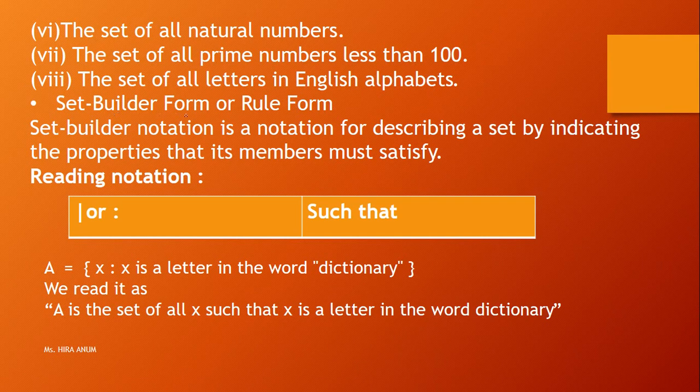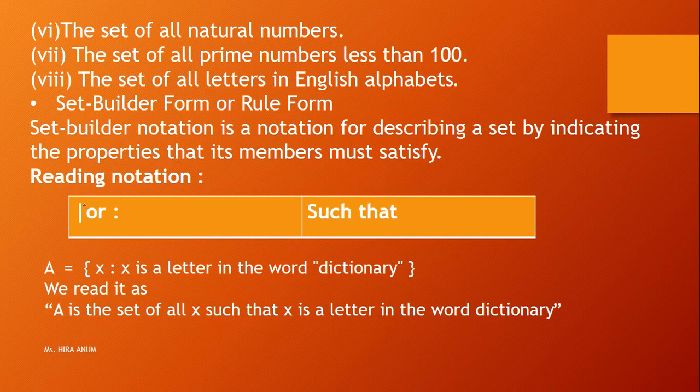Set builder form or rule form. Set builder form is a notation describing a set by indicating the property, like x is a letter in the word dictionary. We write it as A is the set of all x such that x is a letter in the word dictionary.